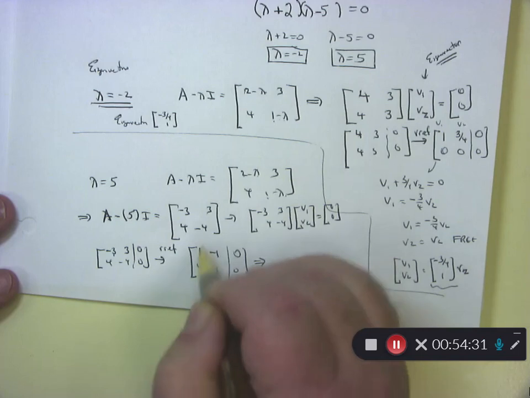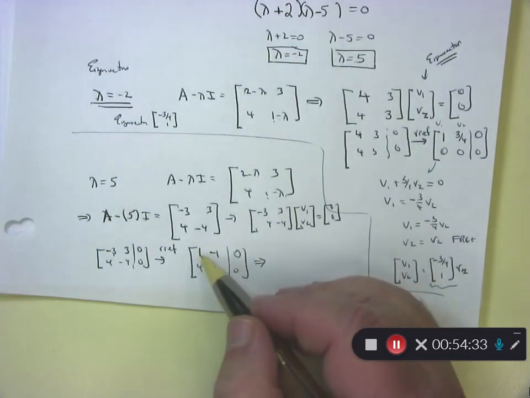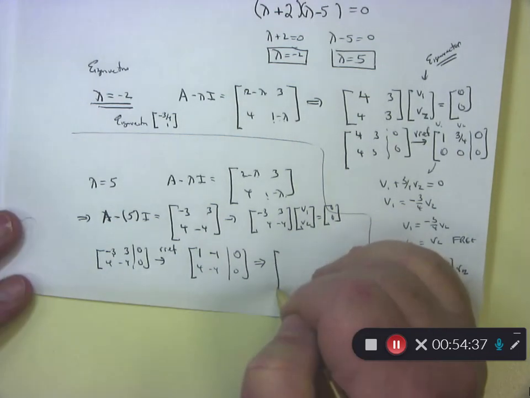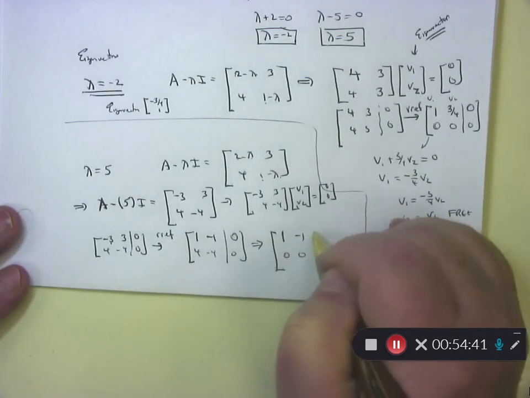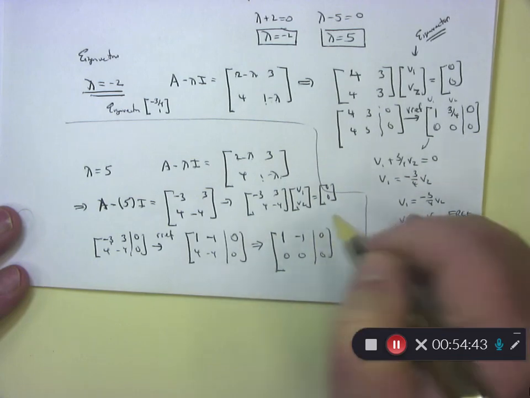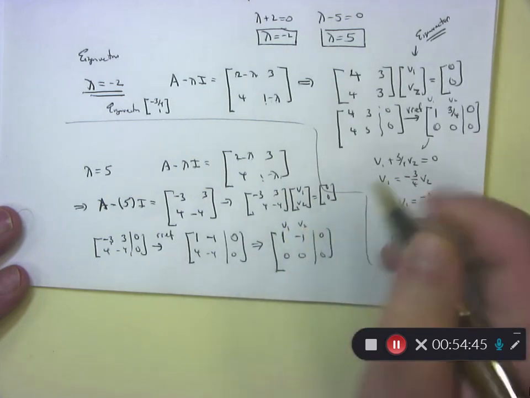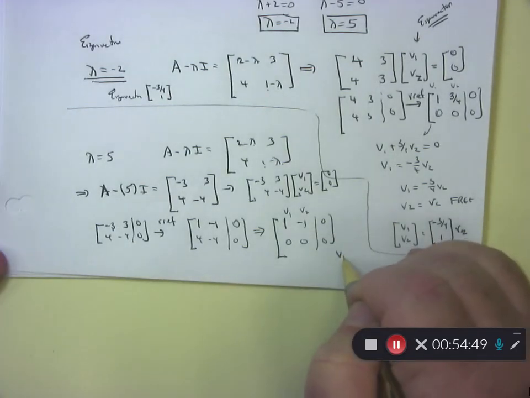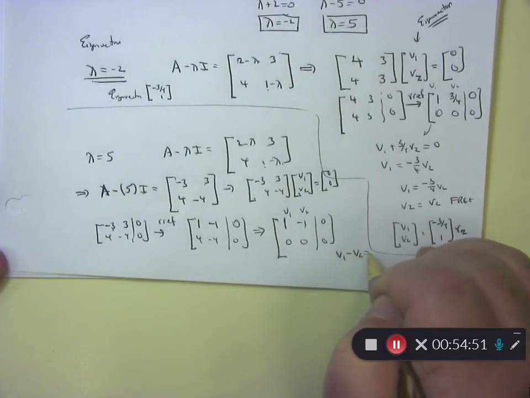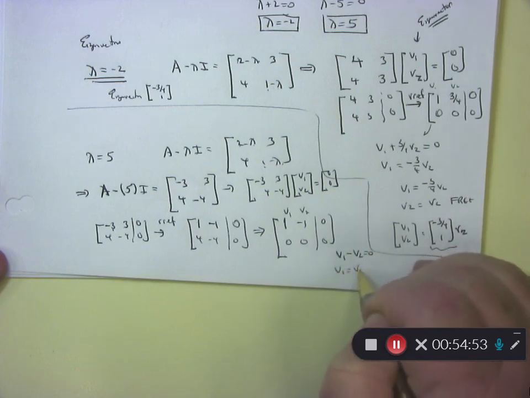And when I do my row reduction here, multiply the first equation by negative 4, add it to the second equation, you'll end up getting, what a surprise, a row of zeros. 1, negative 1, 0, 0, augment with 0, 0. Remember, this represents V1 and V2 here. So I end up getting the equation V1 minus V2 equals 0, which means V1 equals V2.